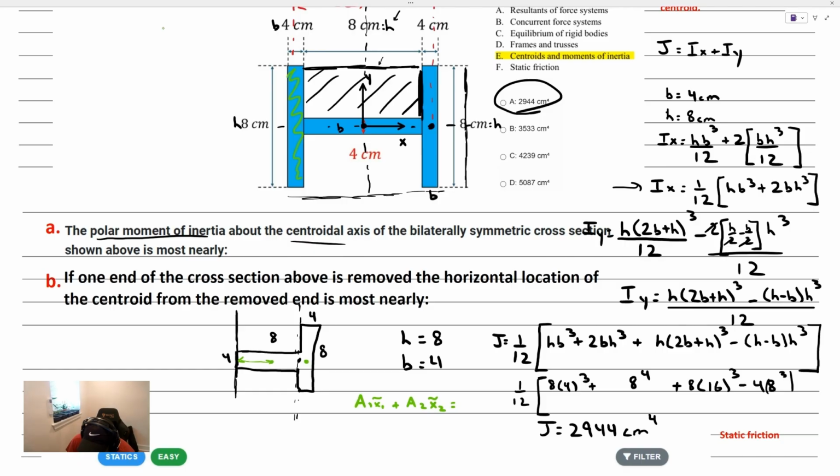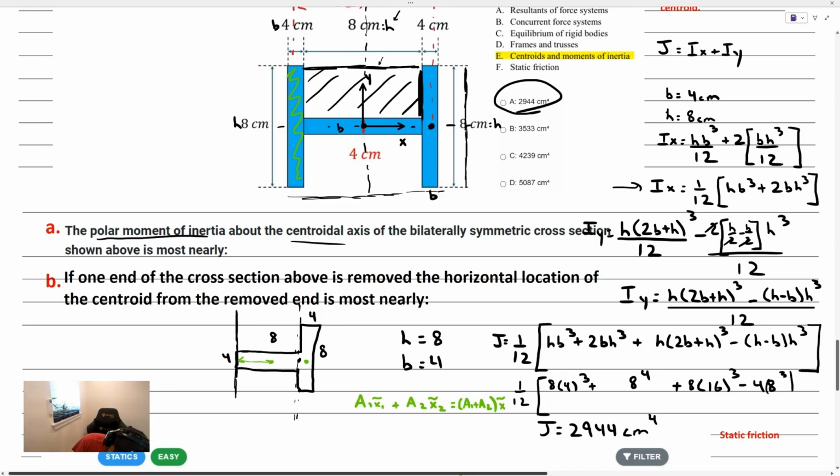The moment produced by this system, which is the sum of the moments of the two separate rectangles, must be equal to the total area, that's just area 1 plus area 2, placed at a special distance away, that's what we call x bar. So the moment produced by the separated system, the two rectangles, has to be equal to the moment produced by the combined area.